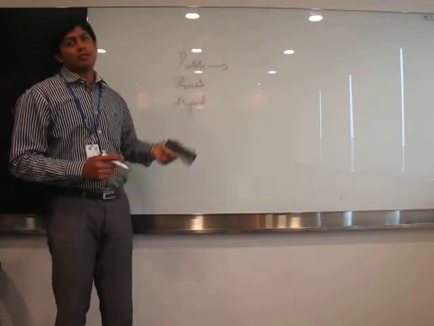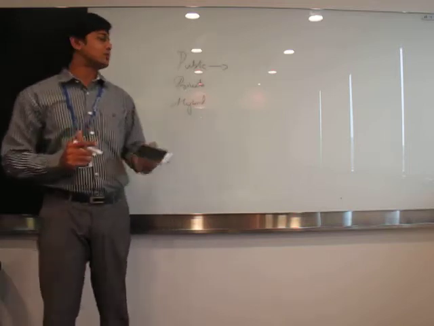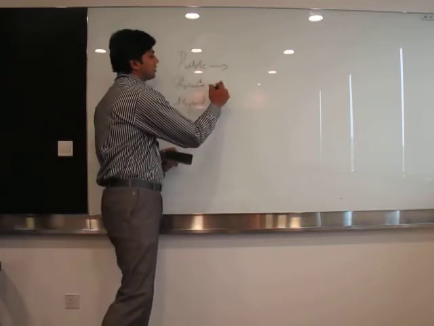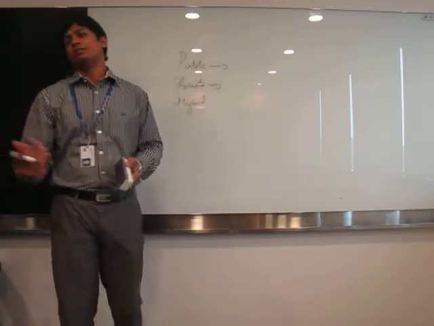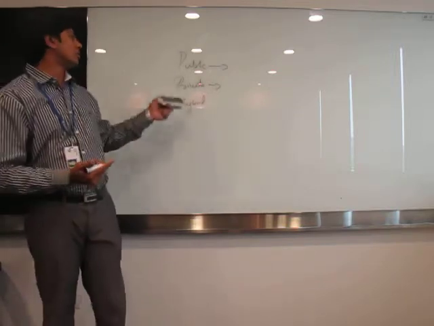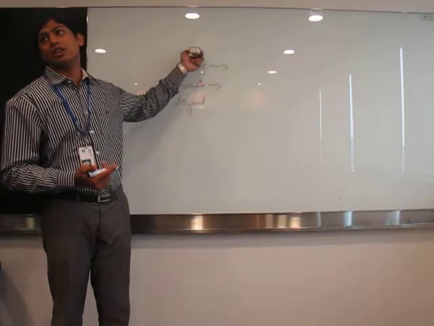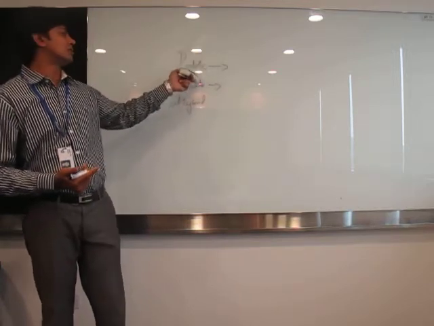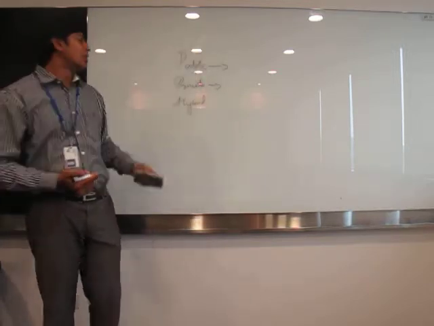Then why private cloud? There are two reasons why customers opt for private cloud. One, companies like finance and healthcare do not want their data to be residing on the public cloud because they're concerned about security.